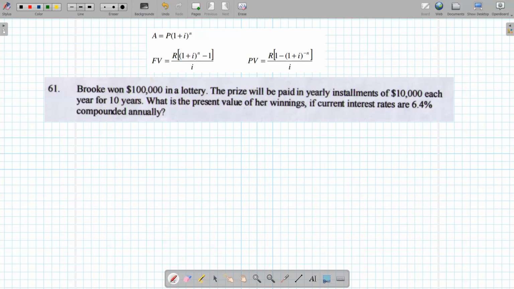So what do we actually know in this question? R is 10,000. N is 10. And A is 100,000.